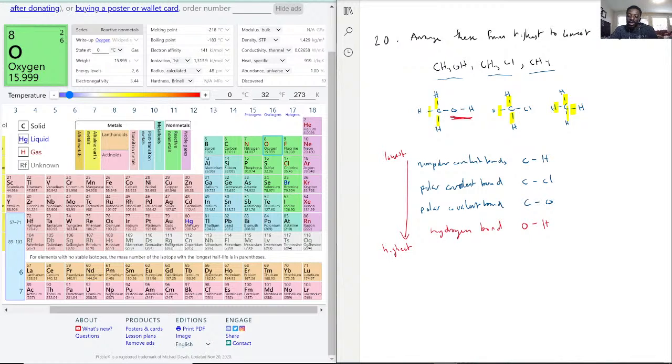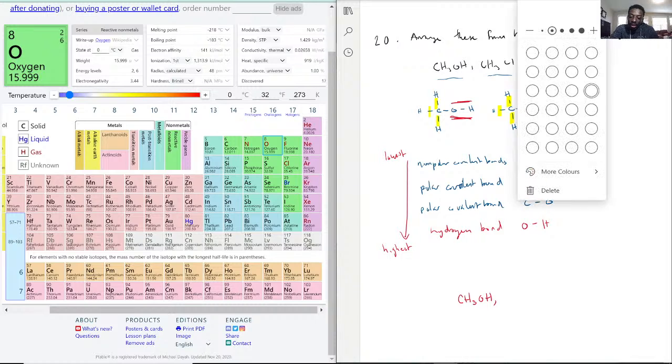Now, based on this, the only one with the hydrogen bond is right here. Meaning that to arrange these from highest to lowest boiling points, we would still have CH3OH at the beginning, and then polar covalent bonds require more energy to break than non-polar covalent bonds.